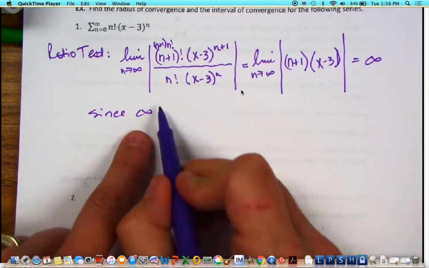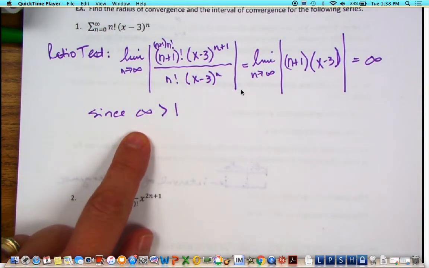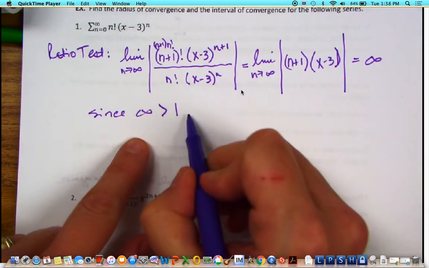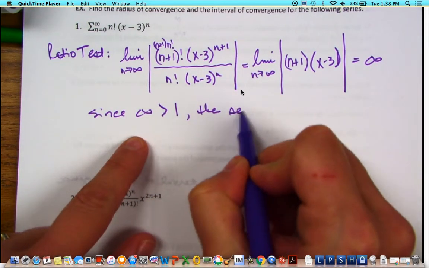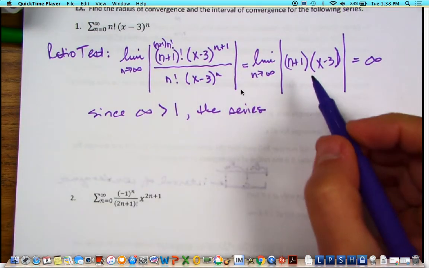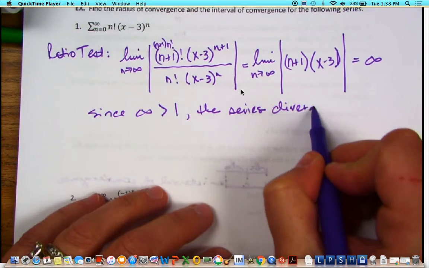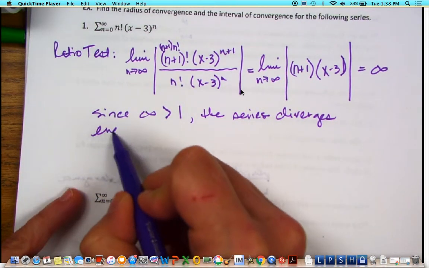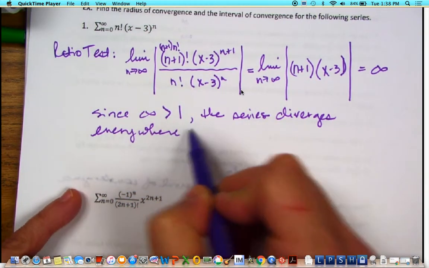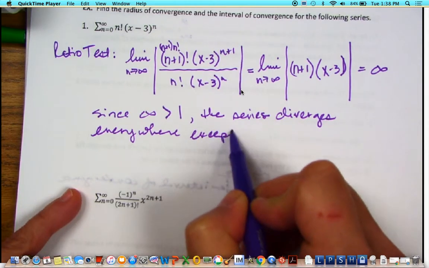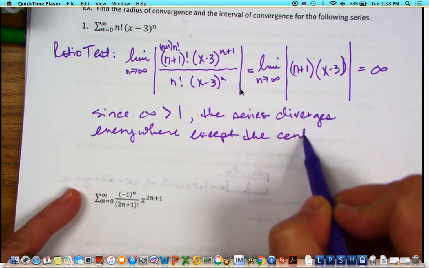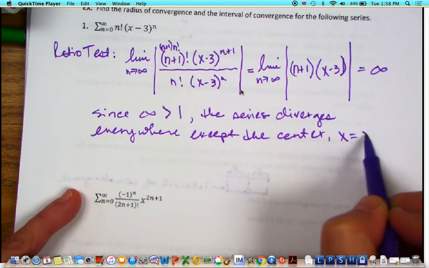Right, so since infinity is greater than 1, the series diverges everywhere except x equals 3.